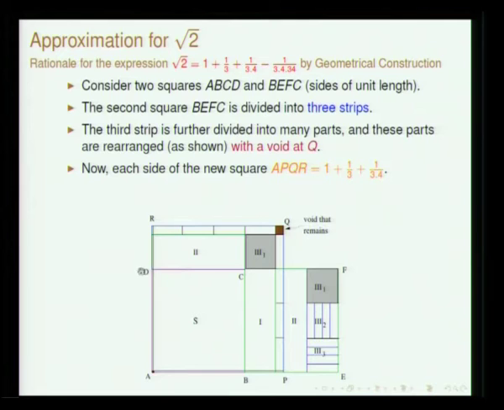Let me describe this first. We want to find the side of the square which will be the sum of two squares. ABCD and BEFC are the two squares which we consider.